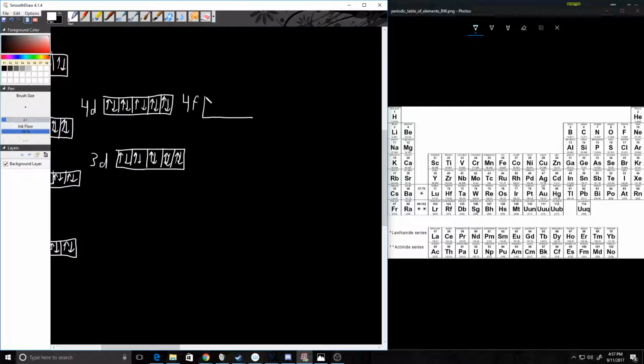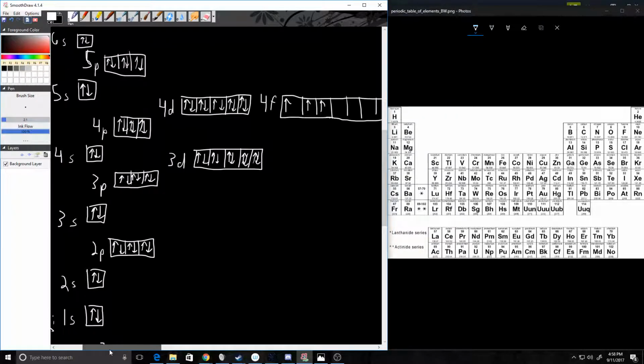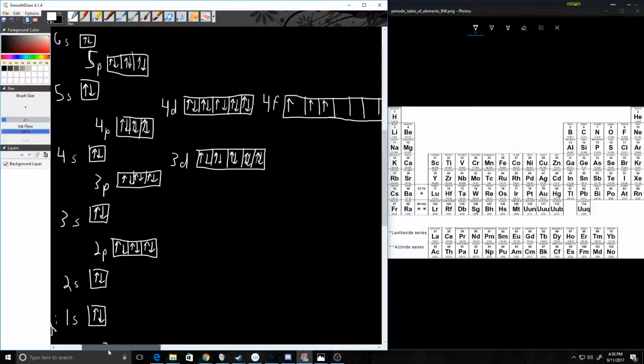The f's we say get 7 boxes. Let's see if I can do that. 1, 2, 3, 4, 5. All right, it's a good thing we're only going to use 3 of these. So I have 3 electrons to put in there. 1, 2, and 3.